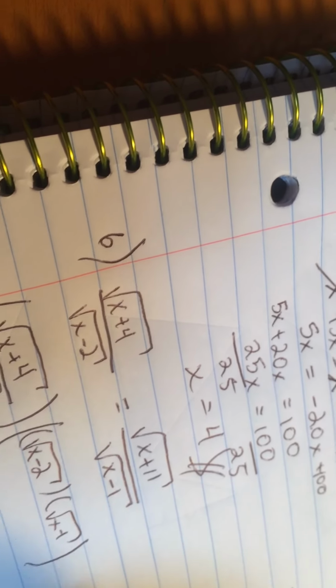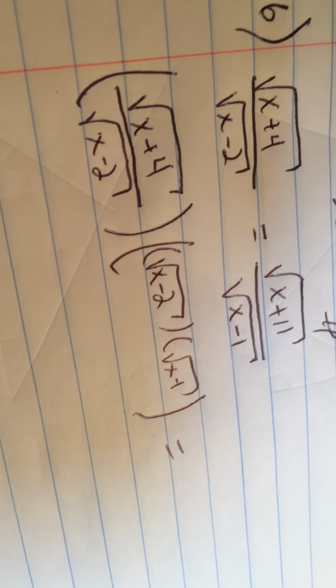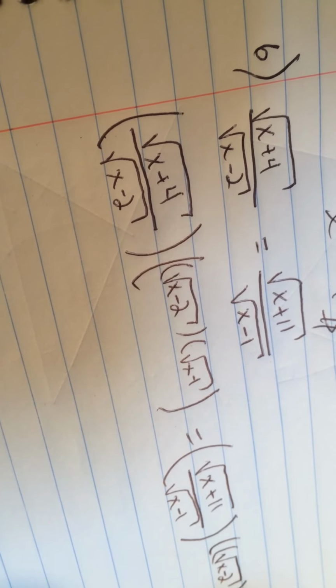And then we multiply the same thing on the other side. X plus 11, x minus 1, times square root of x minus 2, square root of x minus 1.